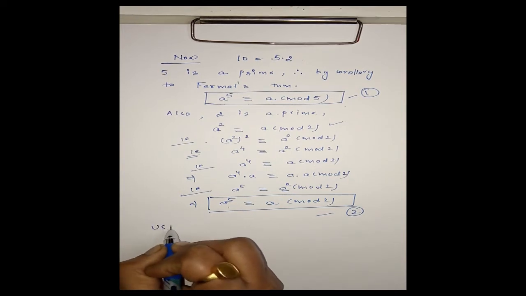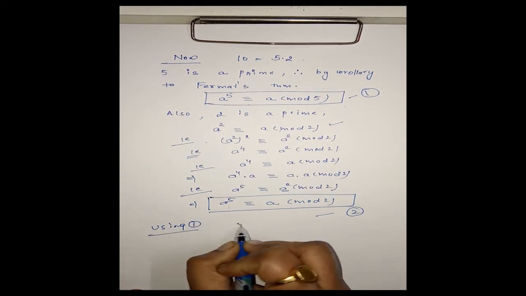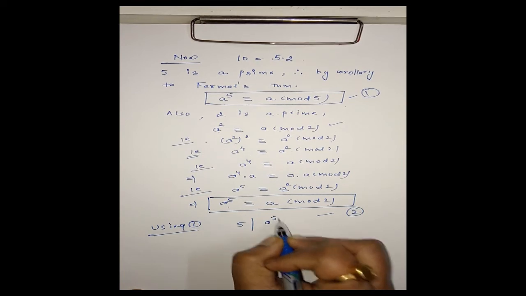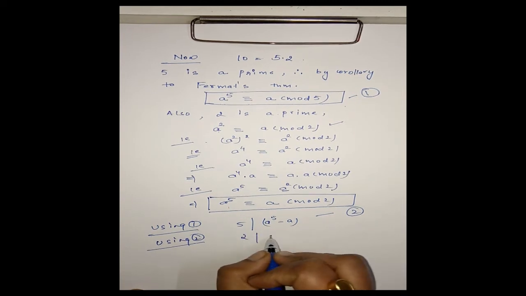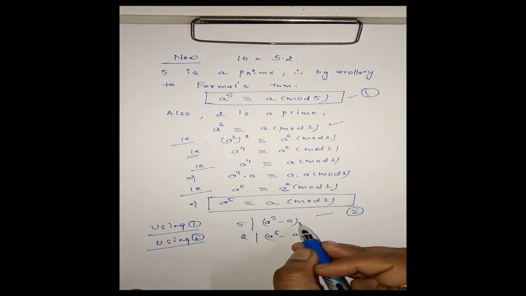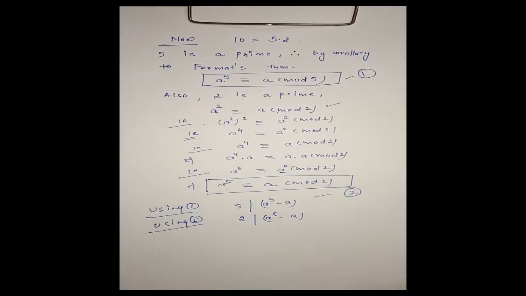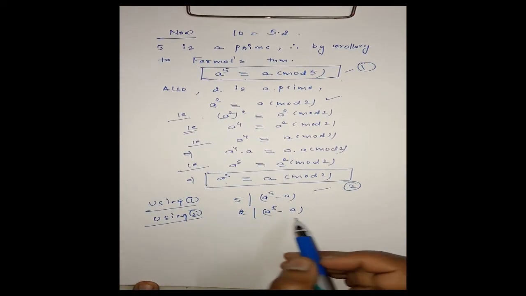Now using the first, we have 5 divides a power 5 minus a, and using the second, 2 divides a power 5 minus a. Now 5 divides a power 5 minus a and 2 also divides a power 5 minus a.